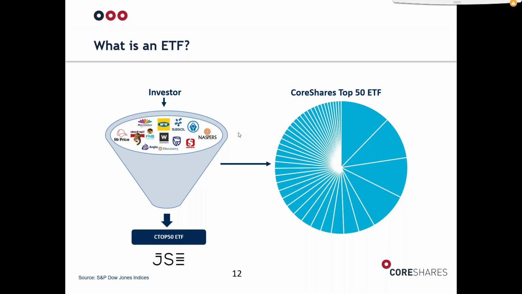You then get to another cost calculation known as the TIC. The TIC is the total investment charge. So on top of that, we pay for brokerage, we pay to trade the underlying shares, and essentially the TIC takes into account that trading cost component. So the TIC of the CoreShares Top 50 is 0.29%.